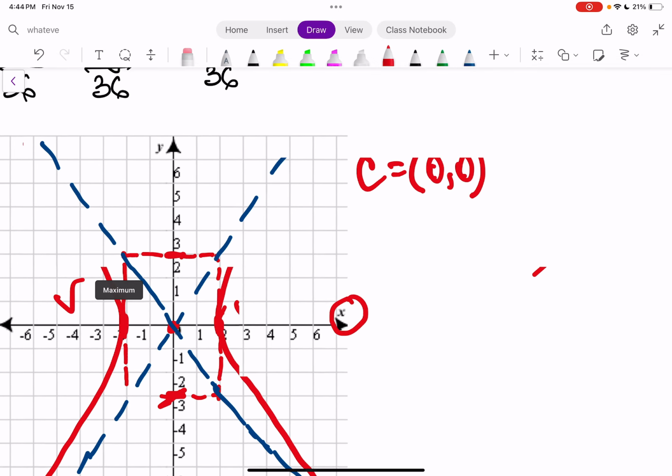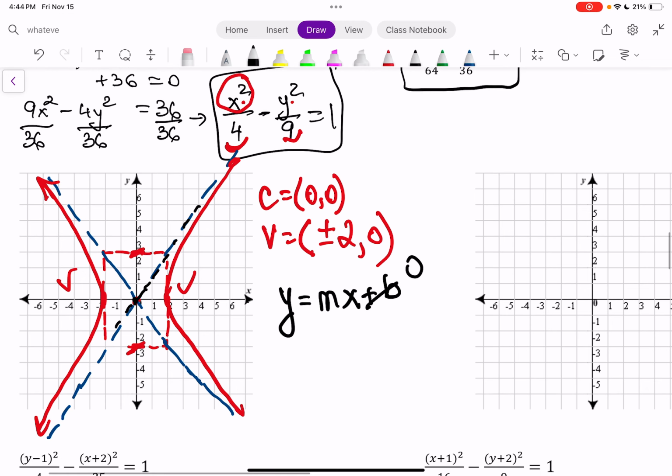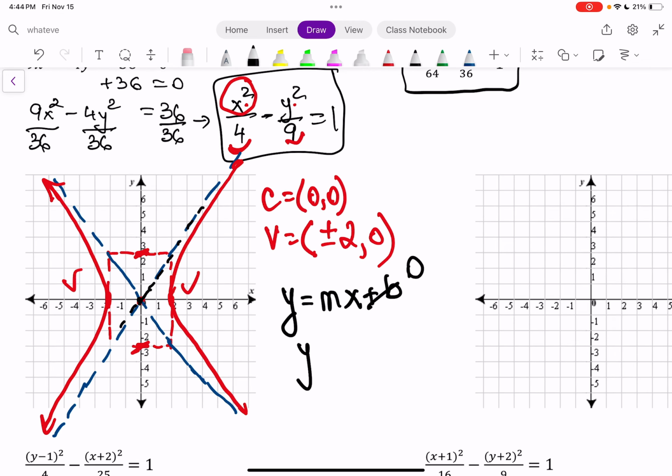So here it is. An asymptote is a line, right? So let me show you how we would get that. Well, any line has the form y equals mx plus b, as you remember from chapter 2. Yes. So if you look at these lines right here, what do you notice? What's b? What's the y-axis intercept? The y-axis intercept is 0, so that's all I have, mx, right?